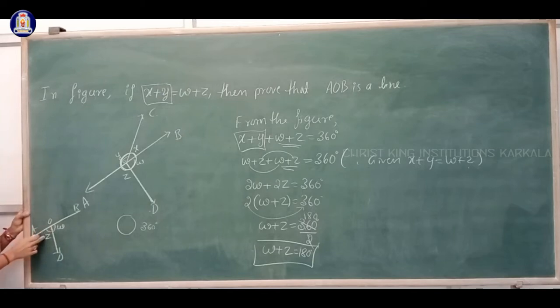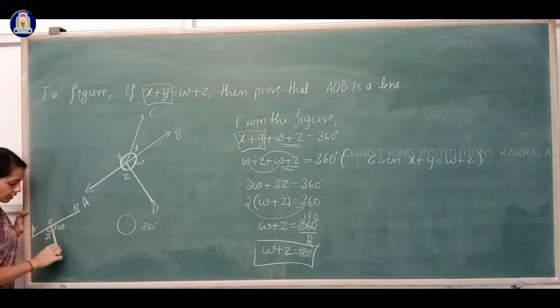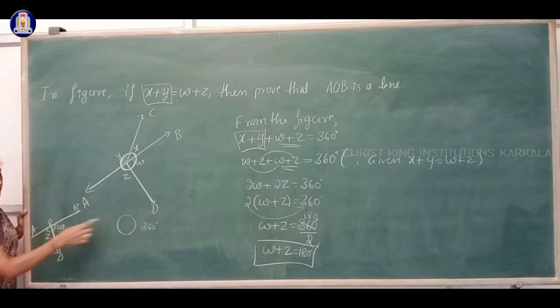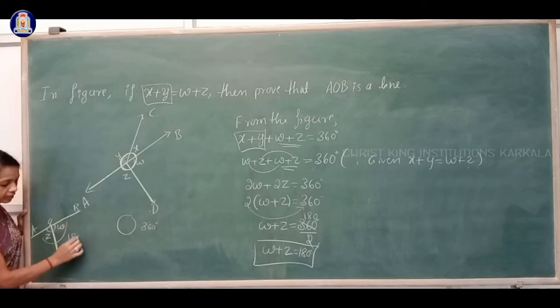Which type of angles are these two? w and z are adjacent angles. Adjacent angles means they have a common vertex and a common side, a common arm and common vertex. And what we got here, w and z, their total together is 180 degrees.